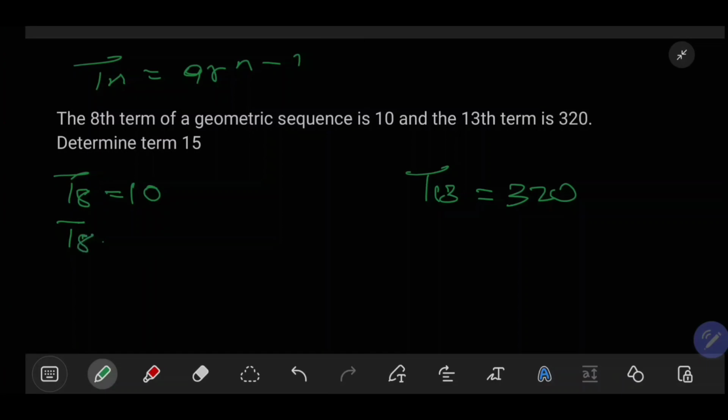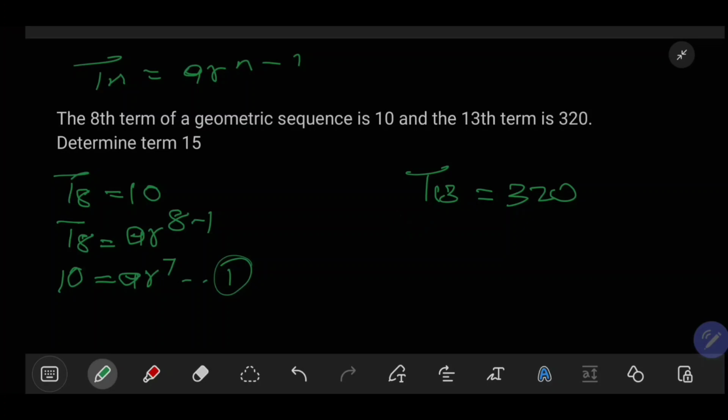For term number 8, we're going to substitute 8 here, ar^(8-1), and the value of this term we know is 10, so ar^7. This is equation 1.